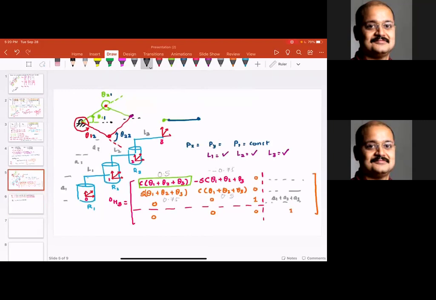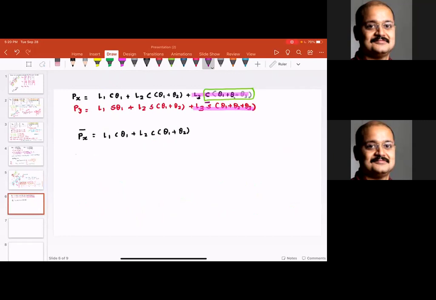Then again, you are going to go back and grab the value of sine theta 1 plus theta 2 plus theta 3 from this expression, plug that in here, then this entire quantity will be known, subtract it, and you will get Py bar is equal to L1 sine theta 1 plus L2 sine theta 1 plus theta 2.